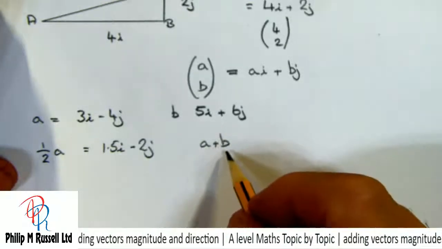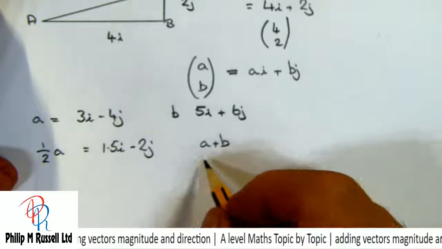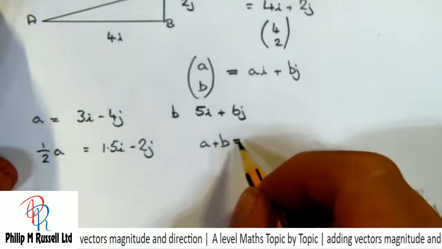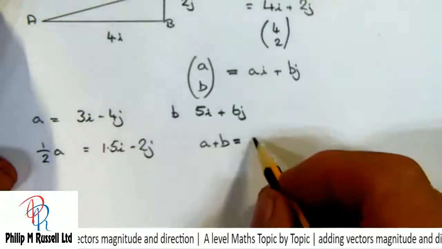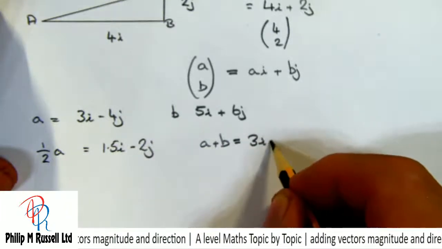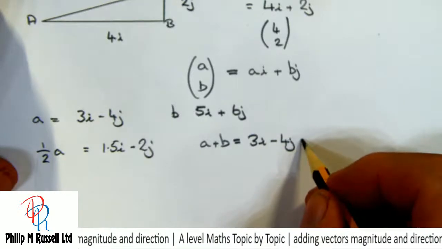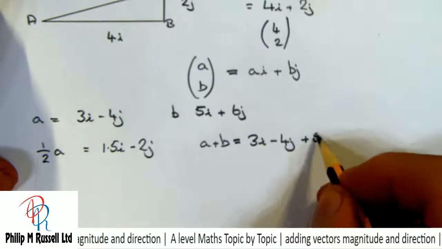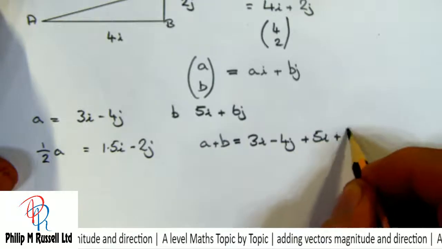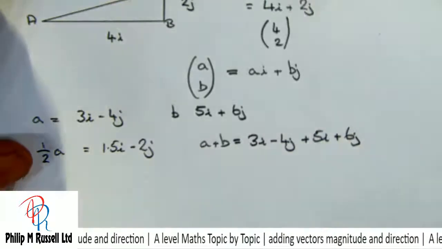Yeah, that's simply going to be this vector, 3i minus 4j, and we're going to add to that 5i plus 6j.